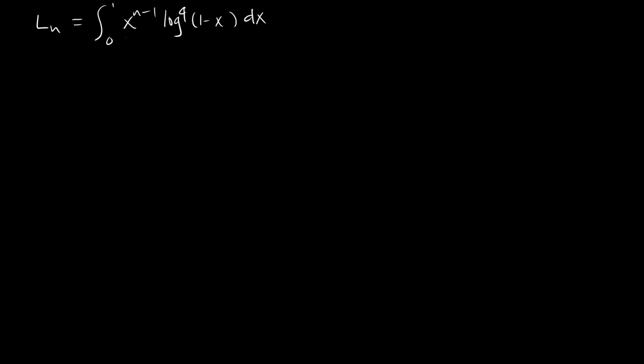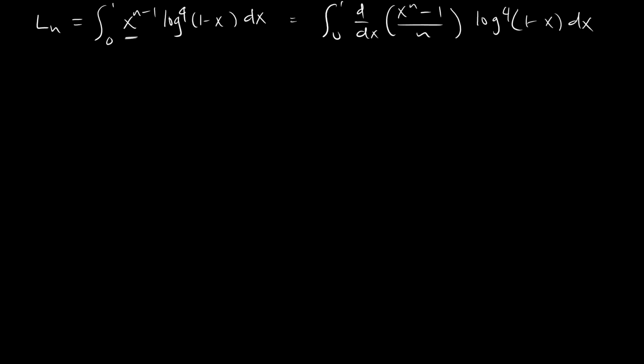And this part can be expressed as the derivative of x to the n over n. Okay. Then we can now use integration by parts, where if we have a product of the function v and the derivative of function u, when you integrate that, you have uv minus the integral of u times the derivative of v.